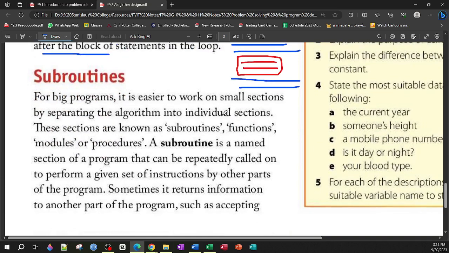All right, so our next term that we're going to learn about, what is a subroutine? For big programs, it is easier to work on small sections by separating the algorithm into individual sections.